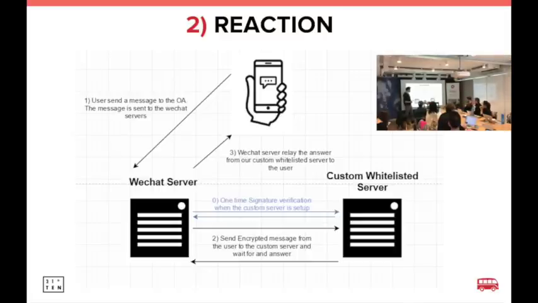The first time you communicate, the WeChat server will send you a question like, are you the right server? And you need to send back very precise information, which is a token as well, a length of text. If you send the right text, they say, okay, you're right, I can communicate with you. That's only done one time, and after that you can communicate directly with the server.